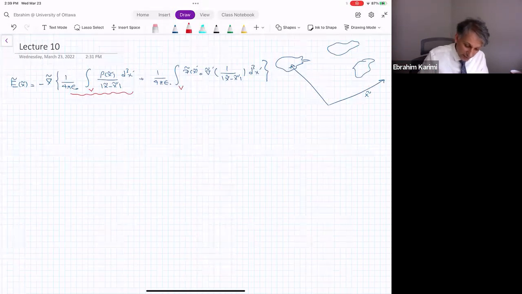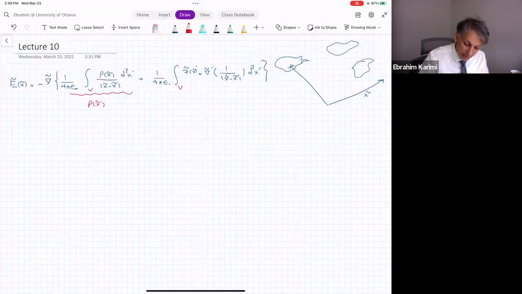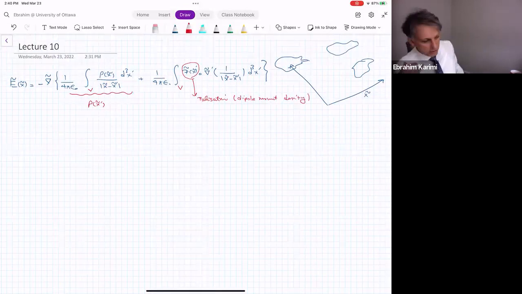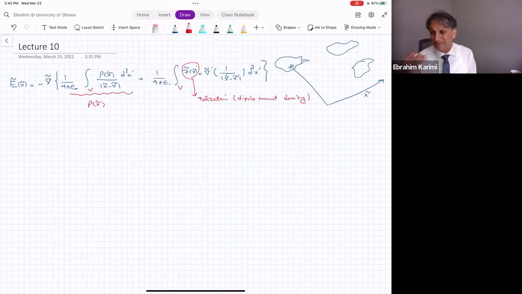The first term, as we described, describes the situation for a net charge density rho of x prime, while the second one, if you remember, we call polarization, or dipole moment density, which is the number of dipole moments per volume, essentially.